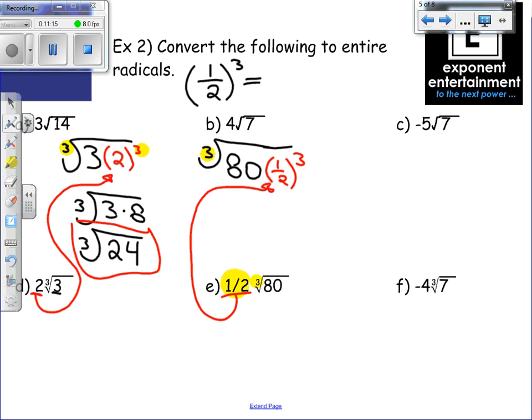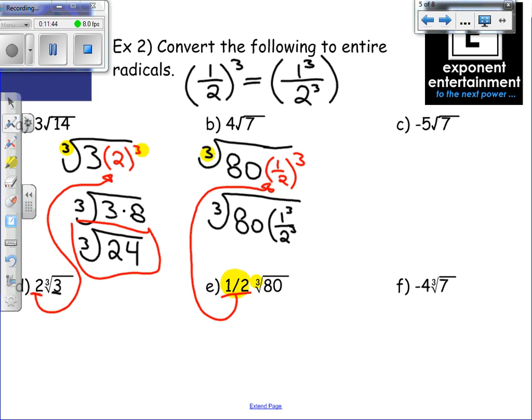So we could simply change it to say this. And then it's not so scary. So let's do that with our own answer. This becomes 3 cube root 80 times 1 cubed over 2 cubed, just like we got from our little trick up here.